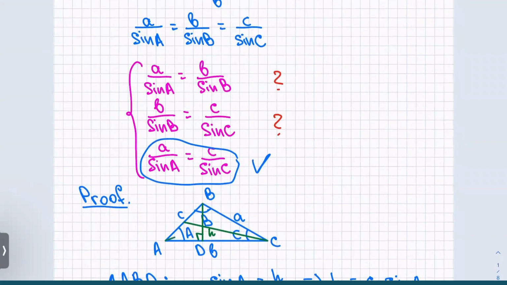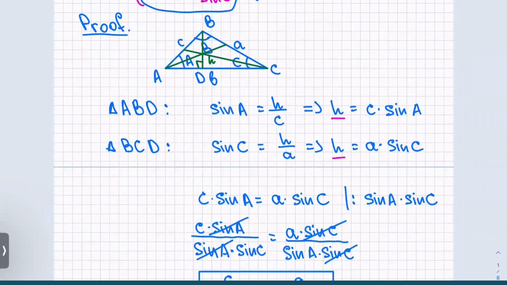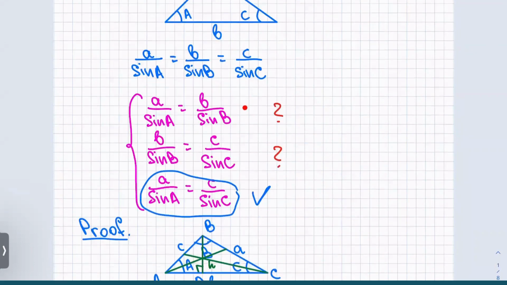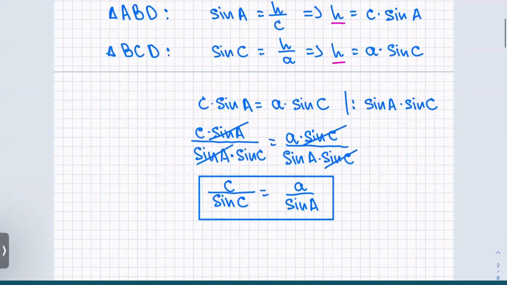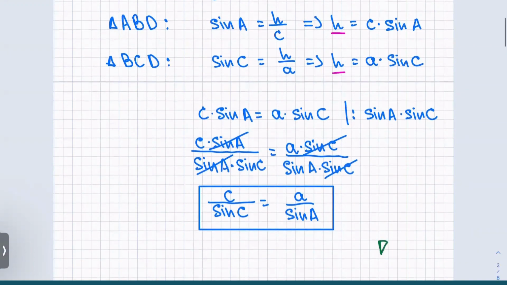And the third one will be when you draw this height h from the vertex A to the opposite side a. And then you will get the first and the second equalities when you do the same procedure as we did here for the first height case. You will repeat the same for the second and the third, and you will verify this equation and that equation. And we are done. So this is the proof of the law of sines.